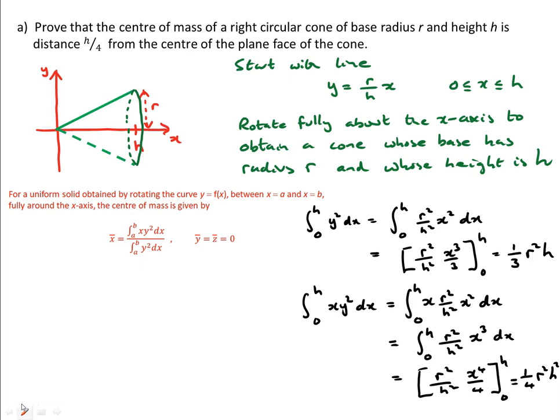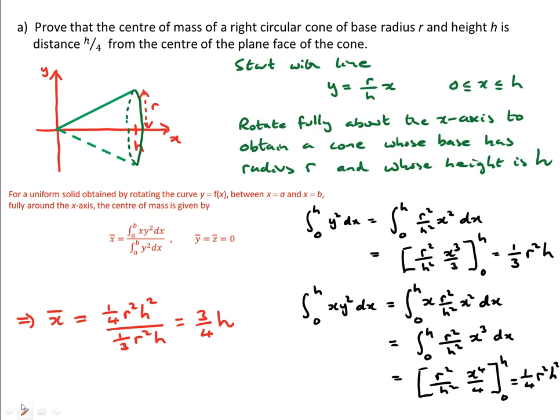So we've got the integral of xy squared is 1/4 r squared h squared. So the x coordinate of the centre of mass is 1/4 r squared h squared divided by 1/3 r squared h, which gives me 3/4 h.